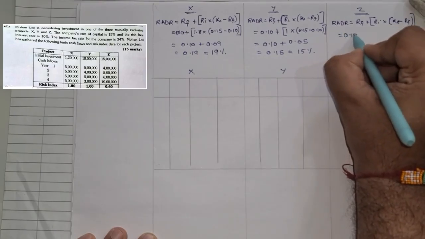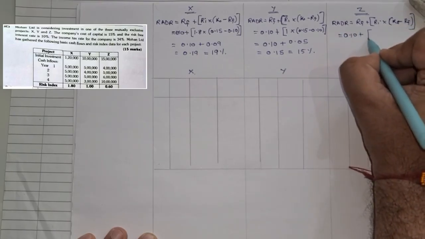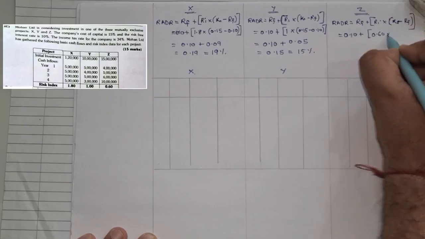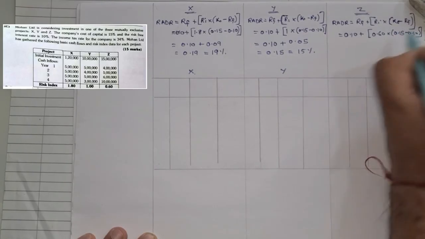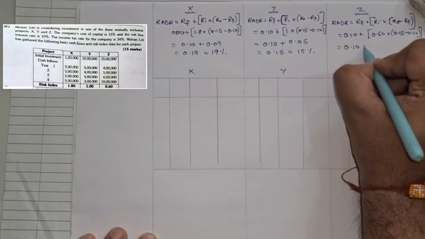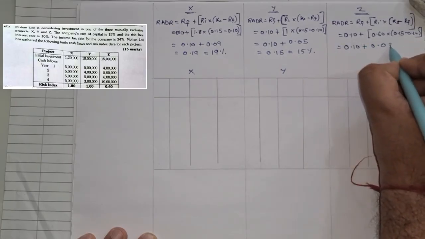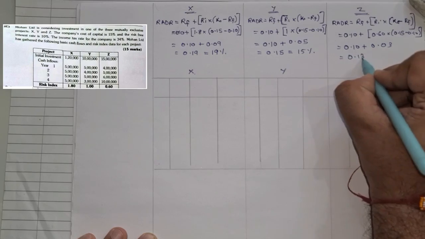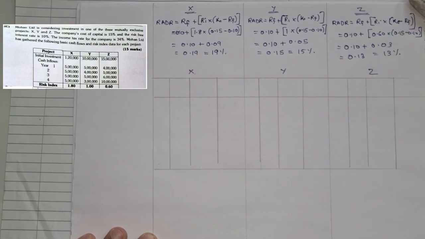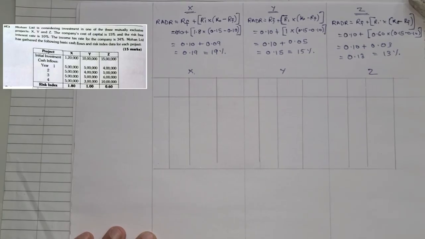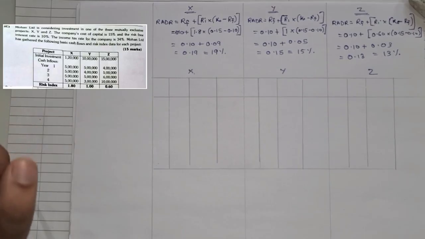So 0.10 plus the risk index, given as 0.60, into 0.15 minus 0.10, that will become 0.10 plus 0.03, which comes to 0.13, which is nothing but 13%. Once we have got the discounting factors, we can now easily find the NPV under all the situations.